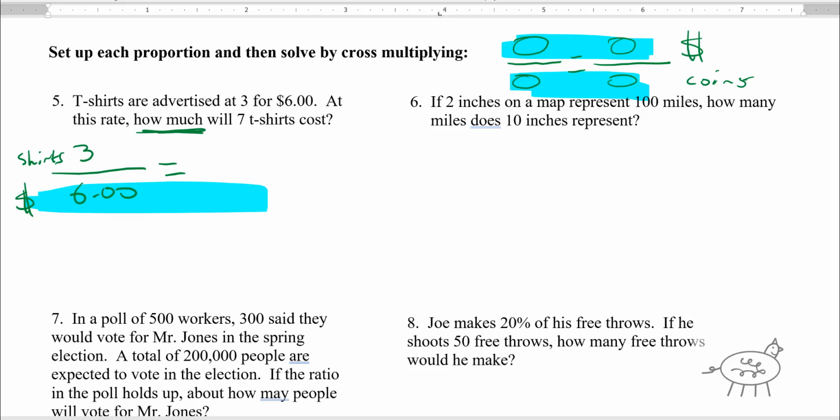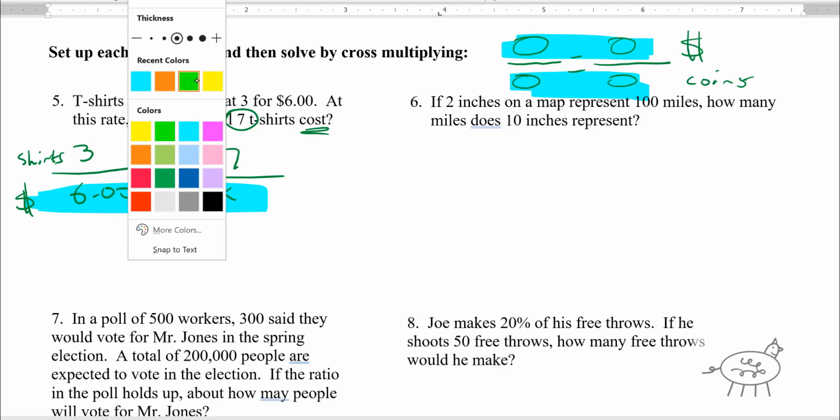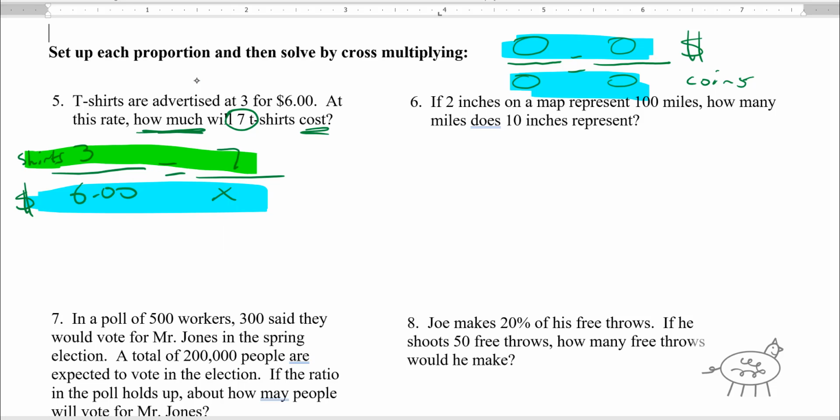How much is it going to cost? So you're going to put X here. And on the top, you have 7 shirts, so you have 7 here. Notice the units are the same: on the bottom is dollars, on the top is shirts. Same unit on the top, same unit on the bottom.